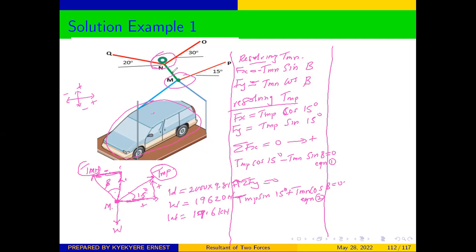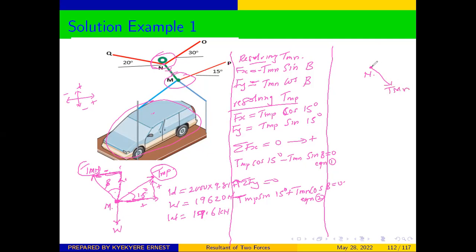Don't forget that we indicated this as going this direction, and therefore we said that this side will be moving this direction. So picking the point N, now we can draw our free body diagram for N. From N to M, we have the force moving in this direction. This is TMN.